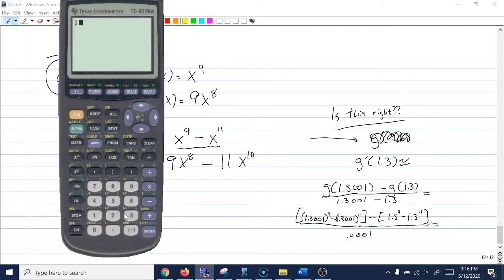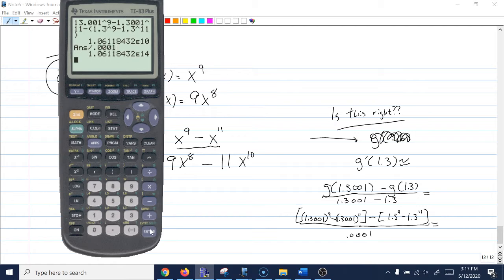Hey calculator, what is 1.3001 to the 9 minus 1.3001 to the 11, minus, parentheses around the second part, 1.3 to the 9 minus 1.3 to the 11? We've subtracted and we need to divide by 0.0001.